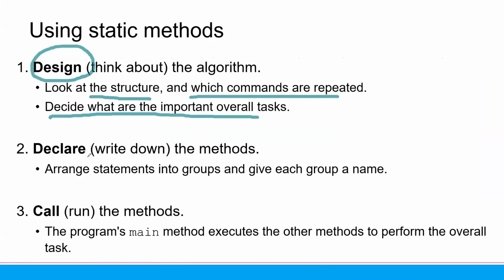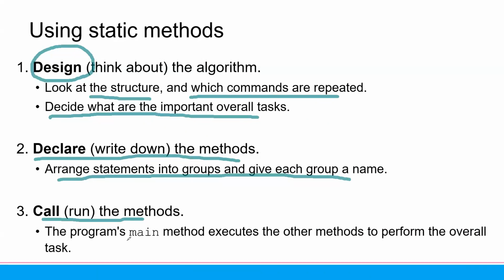After you design, for example, I need to make two methods. Then I need to declare, or make, your method. Arrange the statements into groups and give each group a name. And after you declare the method, of course, you need to call, or run, the methods. If you do not run the methods, of course, it is meaningless.